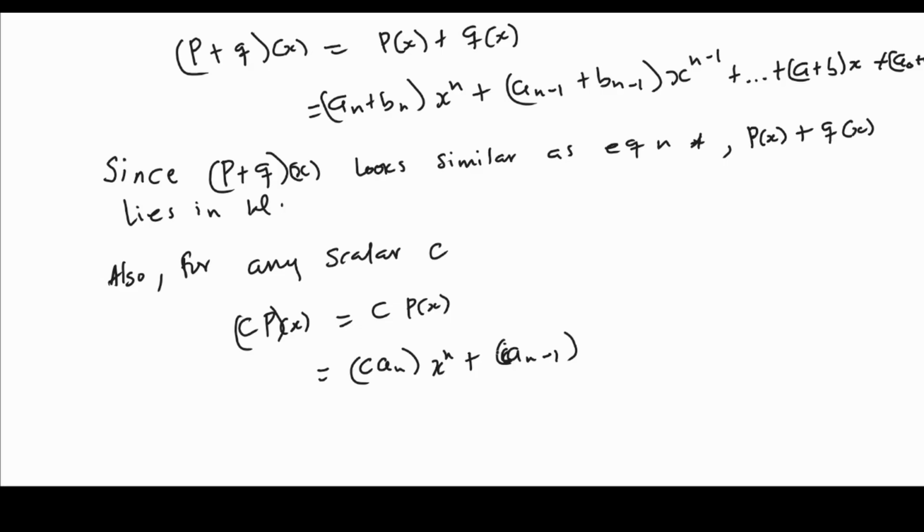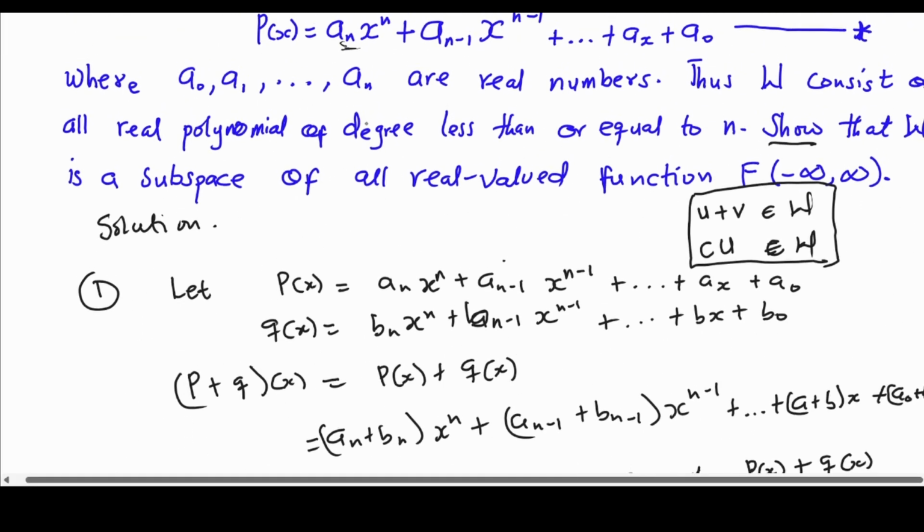So we have c a_(n-1) x^(n-1) plus c a_1 x plus c a_0. So now we can see that this one also looks like the original equation given to us, that is the equation star.